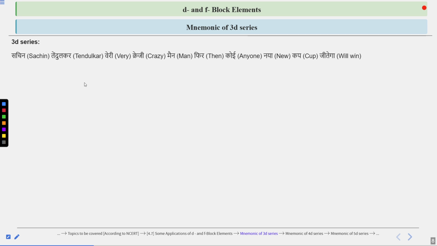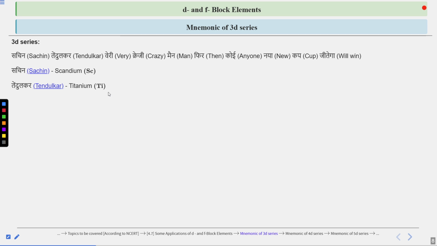How can you relate that with the elements of the 3D series? Sachin represents scandium. Tendulkar represents titanium. This mnemonic is basically an easier way to learn the elements present in the 3D series in successive manner.